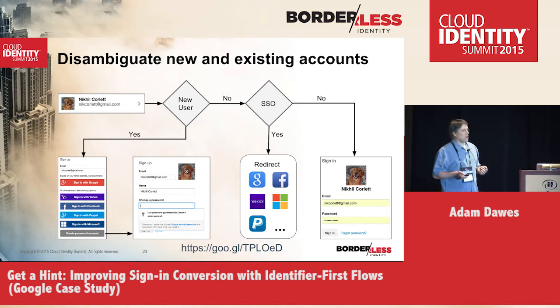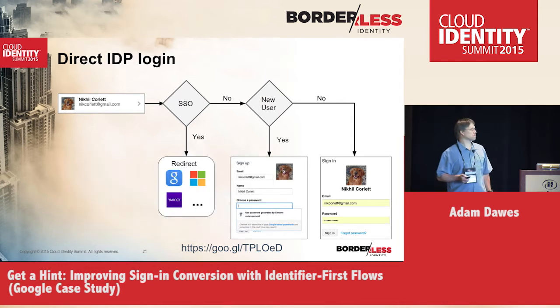Now, for those that already have an account, then you just need to determine whether or not you need to challenge that user for their password, or they use an identity provider, and if they use an identity provider, you just send them on their merry way. And there are some further optimizations you can do to this kind of logic tree. If you don't want to support social identity providers, and you're really just accepting email-based identity providers or corporate IDPs, you can change the logic tree by having the SSO question come first.